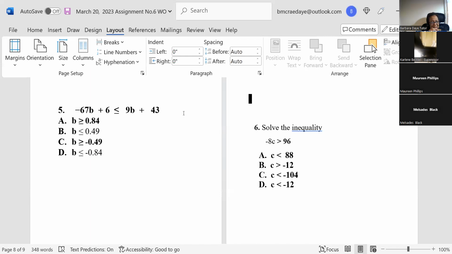Let me make sure I get it right. Sometimes I want to put like plus 6 on the plus 43 and work it out. Wait a minute, Mercedes. Why would you put a plus? Remember, you do the opposite. If you want to get this 6 on the side of the 43, you've got to subtract it out, not add, right?